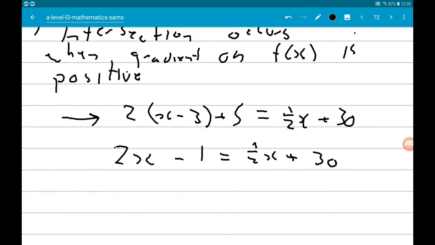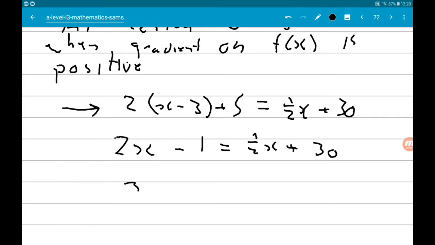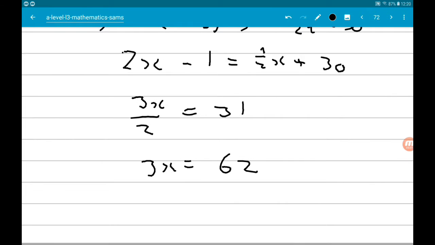From that we can get 3 halves x is 31. 3x is 62. So x is 62 over 3.